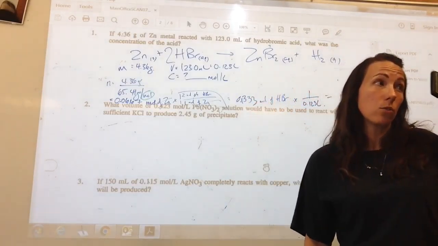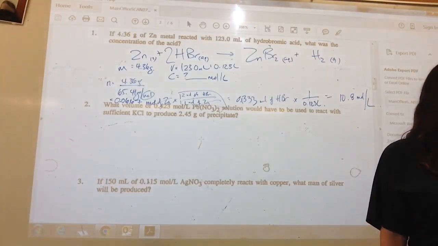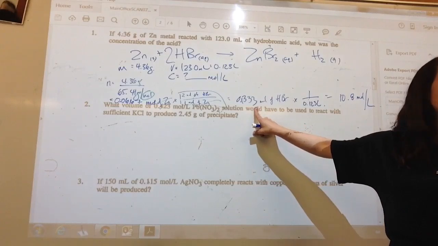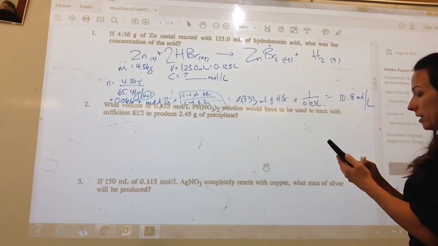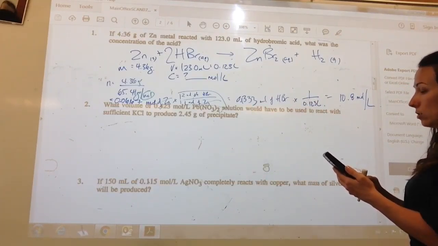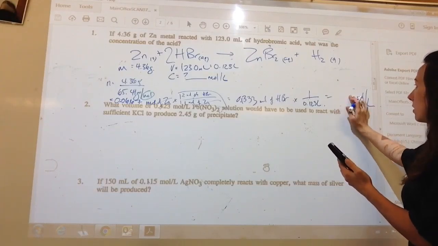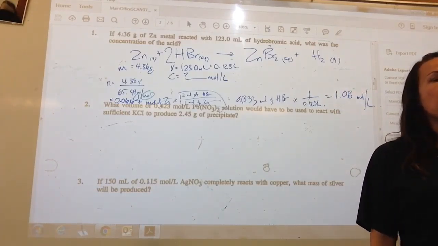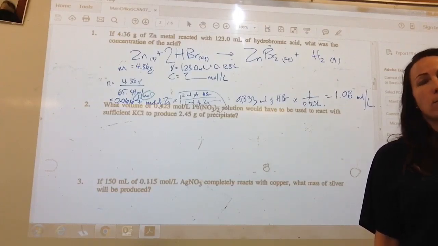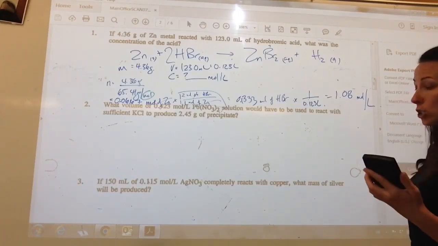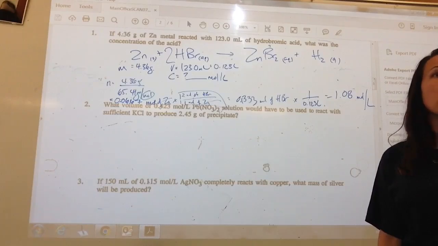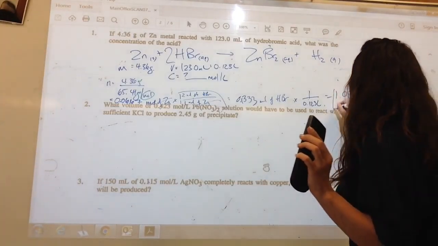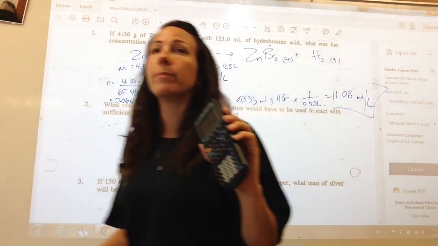There's no 4, there's no rounding, so you must have put a rounded answer in your calculator to multiply by 2. So you see how that's just changed? And then divided by 0.123, and you get 1.08 moles per liter. How many significant digits do I have? 3, so my answer better have 3, and so then I pay attention to my rounding to 3 significant digits at this point, not before.